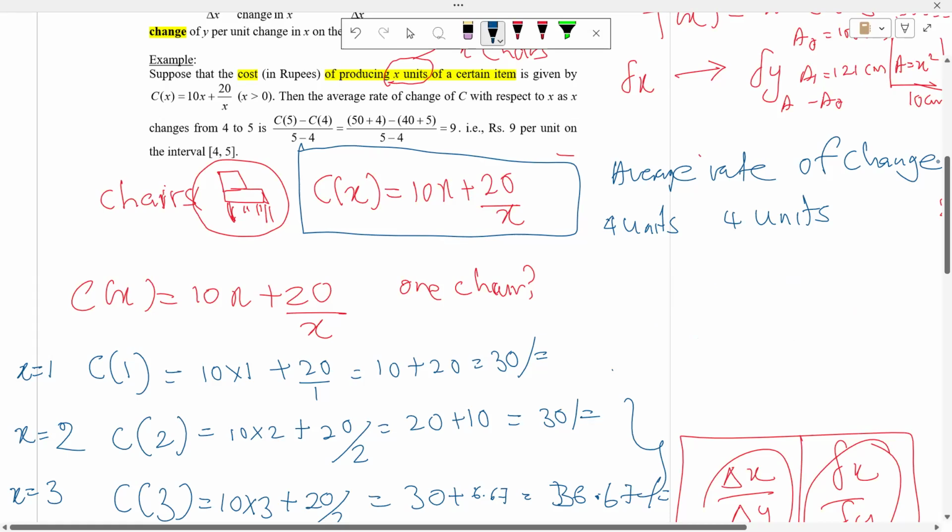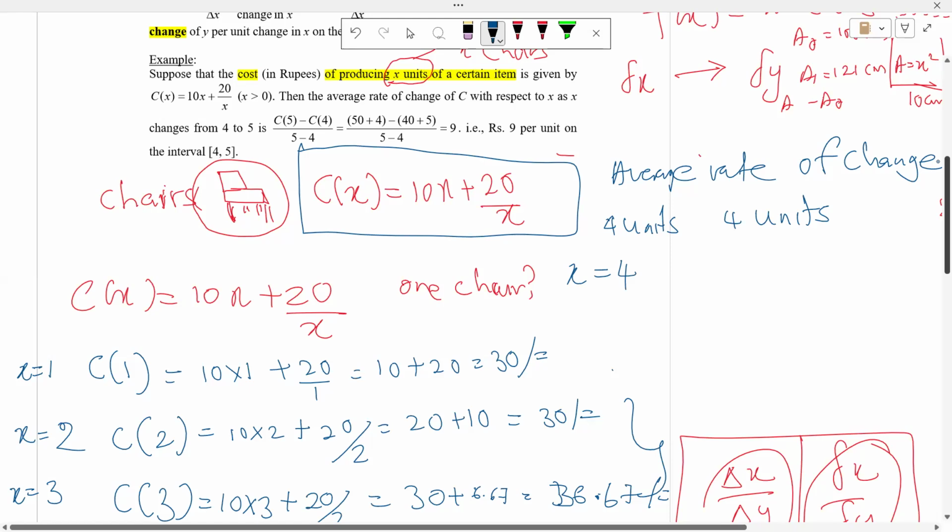Similarly, in this question, they are asking what is the average rate of change if you manufacture 4 chairs to 5 chairs, right? It means first you need to find out the cost for manufacturing 4 chairs. Just replace x equal to 4. That is the relation between the number of chairs you manufacture and the cost of manufacturing, right?